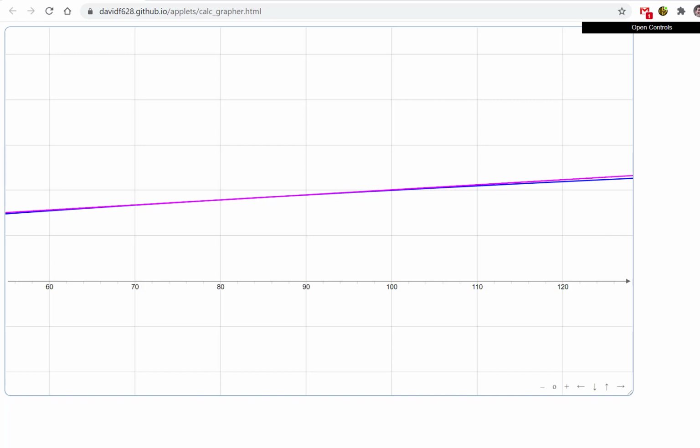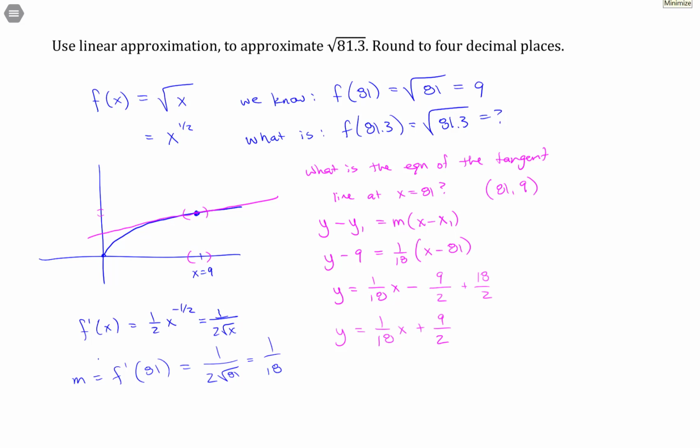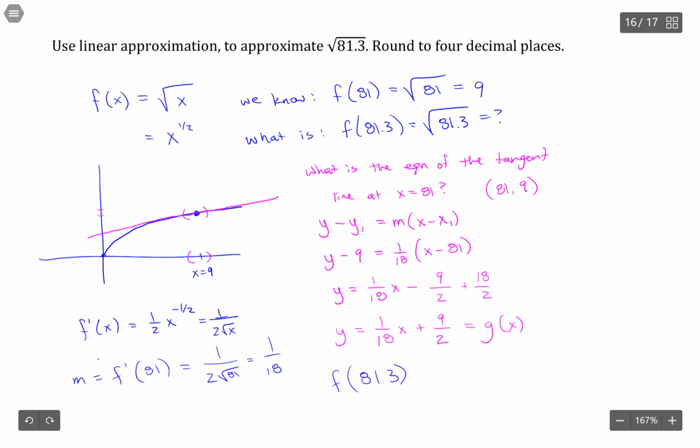So in order to figure out what f of 81.3 is, what we're going to do instead is let's call this function g, and that way g is the approximation function. So we're saying that f of 81.3, which is the square root of 81.3, is going to be approximated by g of 81.3.